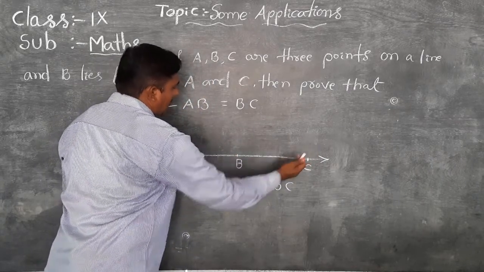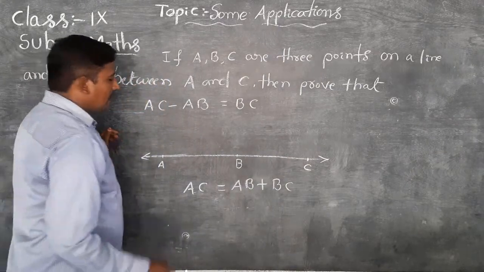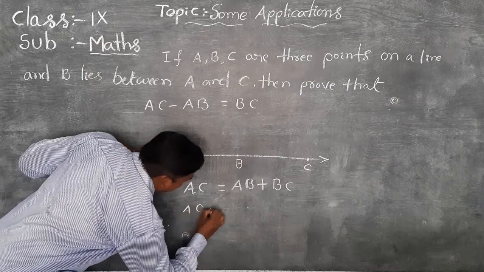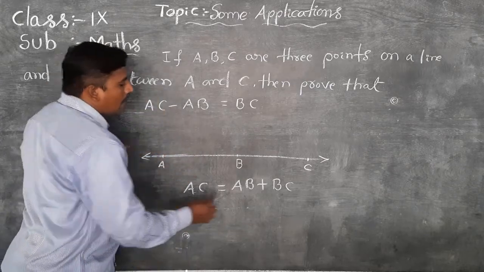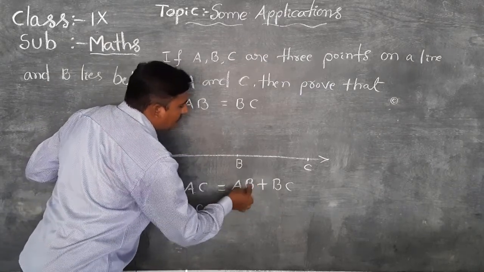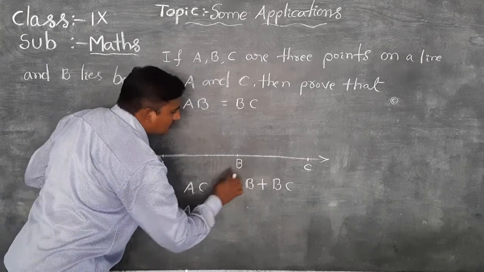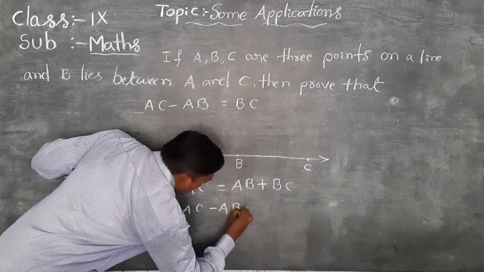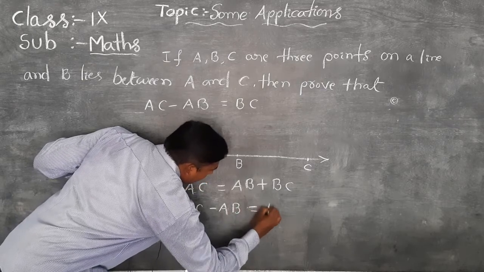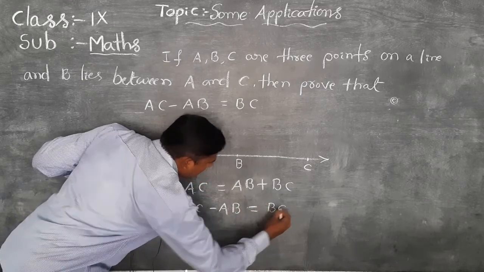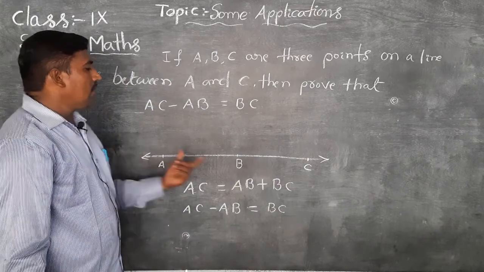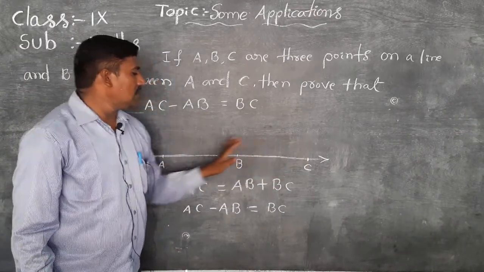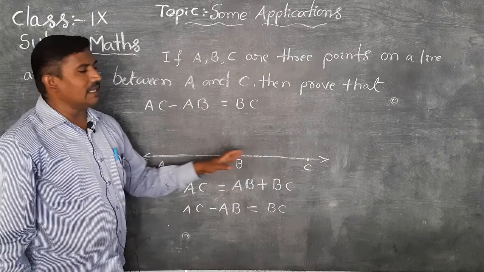Here, in AC minus one value, both are positive only. If one value AB is removed from the total, we will get BC.